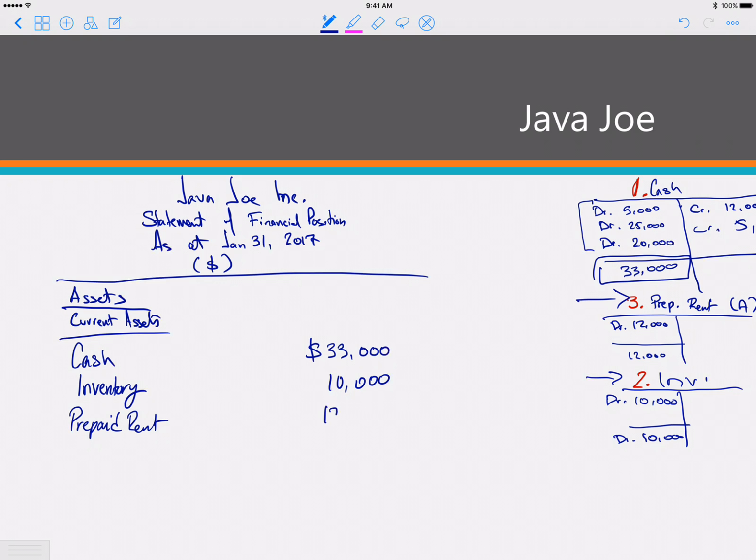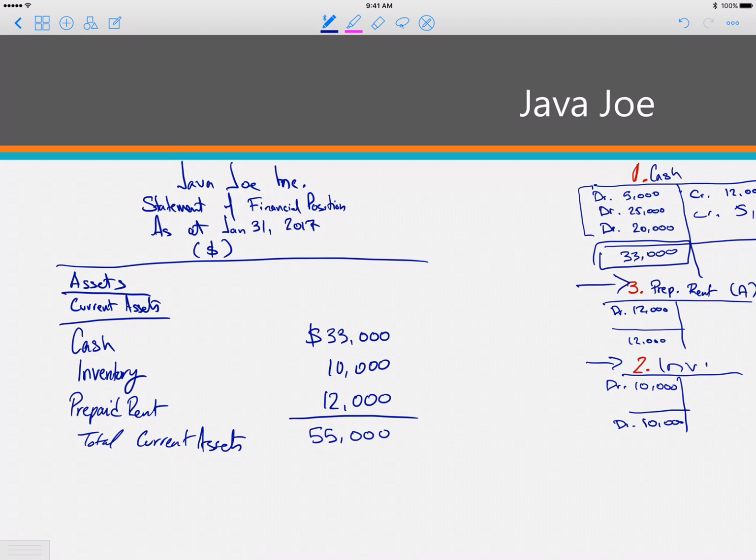And we have $12,000 of prepaid rent. So we are now going to add and get our total current assets. So we add these guys up. So we have $55,000 of total current assets. Do we have any non-current assets? No. So our total assets is $55,000.